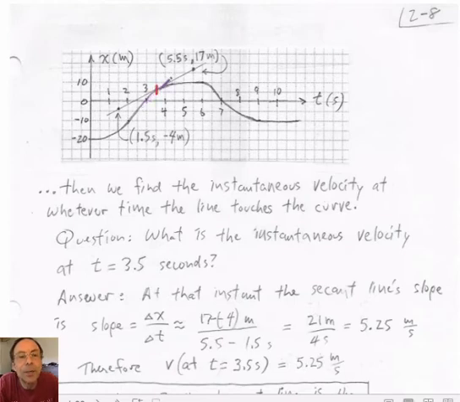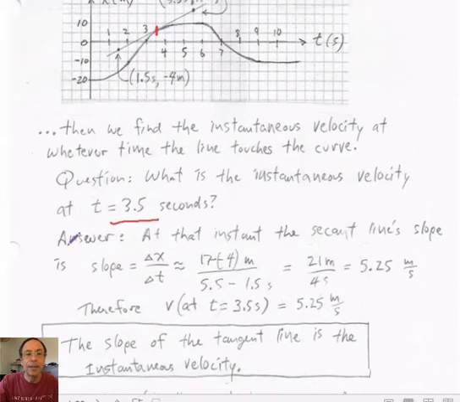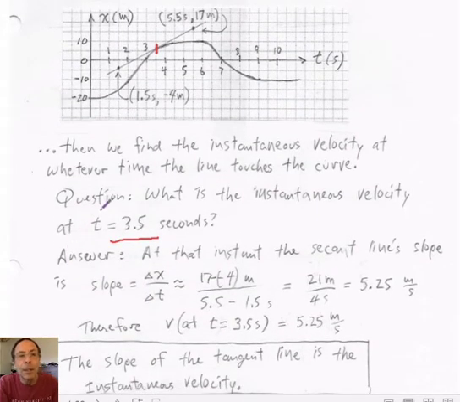And that's where this tangent line barely touches the curve. Okay, so it answers the question, what is the instantaneous velocity at 3.5 seconds? To figure that out, I need to find that slope.